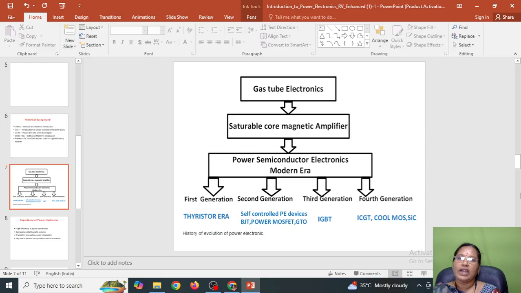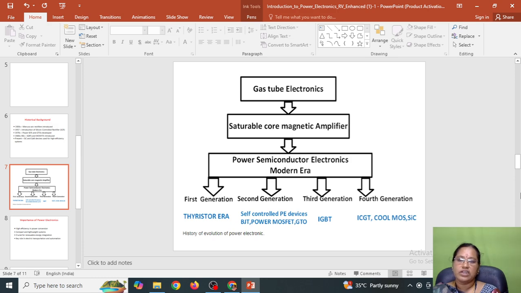Initially, gas tube electronics was there. After that, the next version was the saturable core magnetic amplifier. Only after that did the modern era of power semiconductor electronics occur. In that there are four generations. In the first generation, the thyristor era was introduced. Thyristor is nothing but SCR.